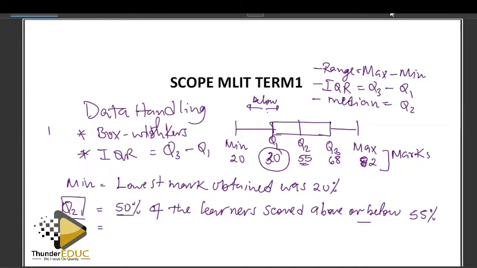This percentage represents the nature of the quartile that you're talking about.